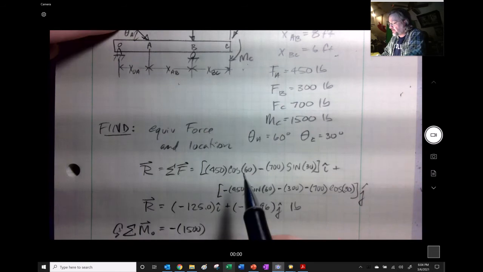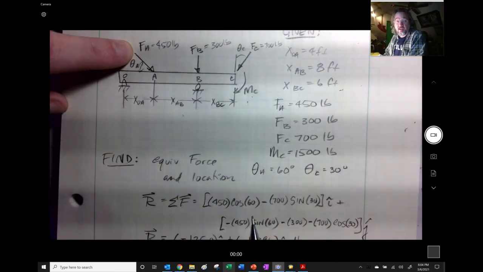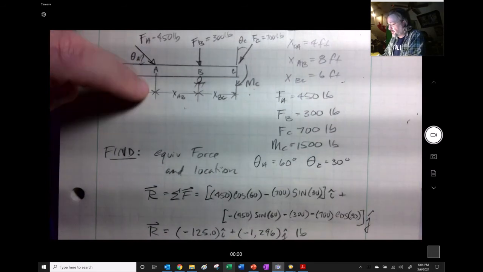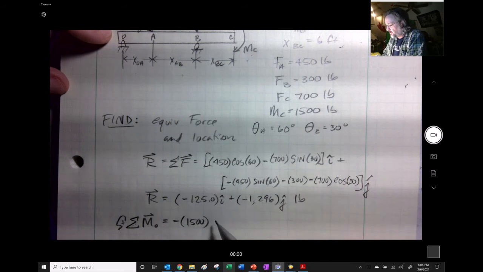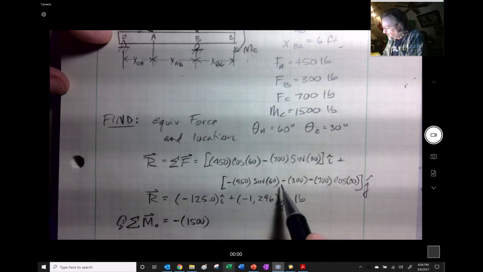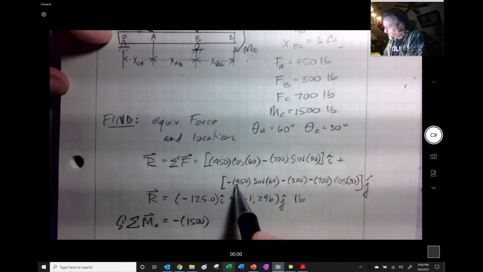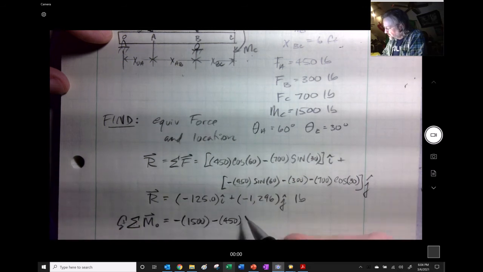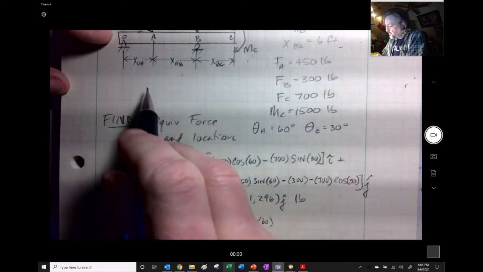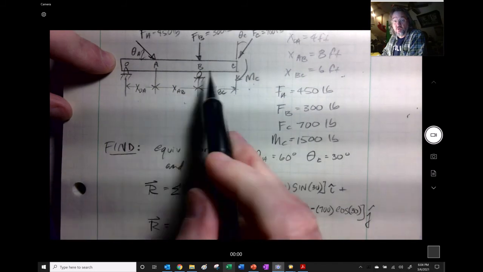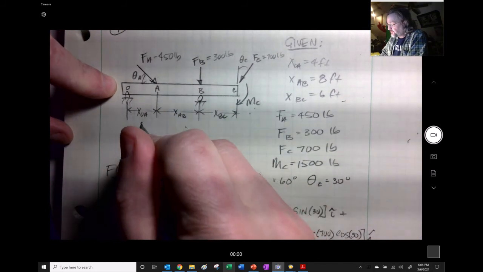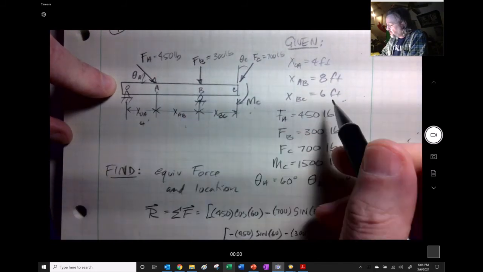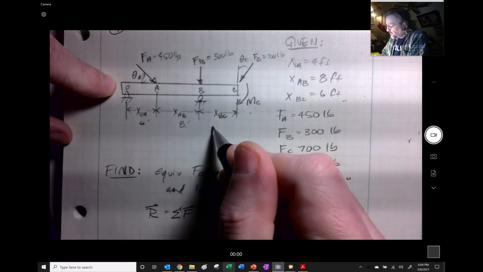And then we'll start with FA, which is going to cause clockwise. Everybody is going to cause clockwise. We can just take each individual one of these. So it's going to be clockwise 450 times the sine of 60, times our XO, which is 4 feet, 8 feet, and 6 feet.